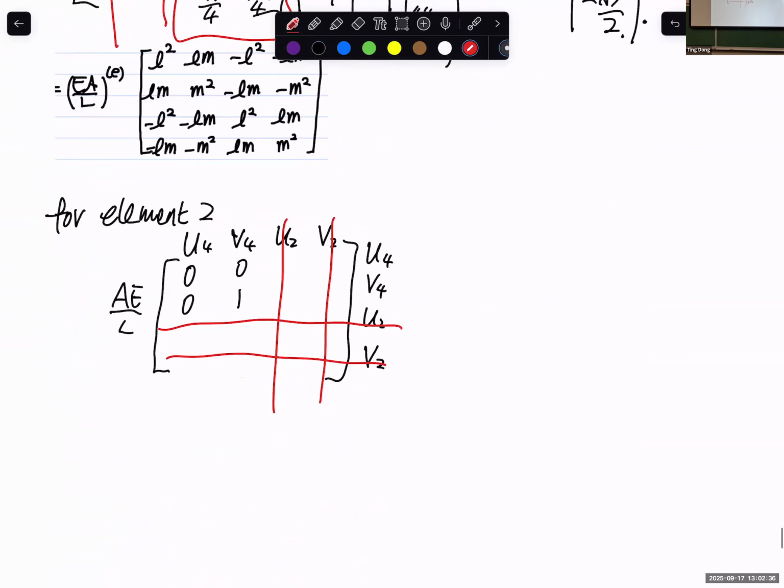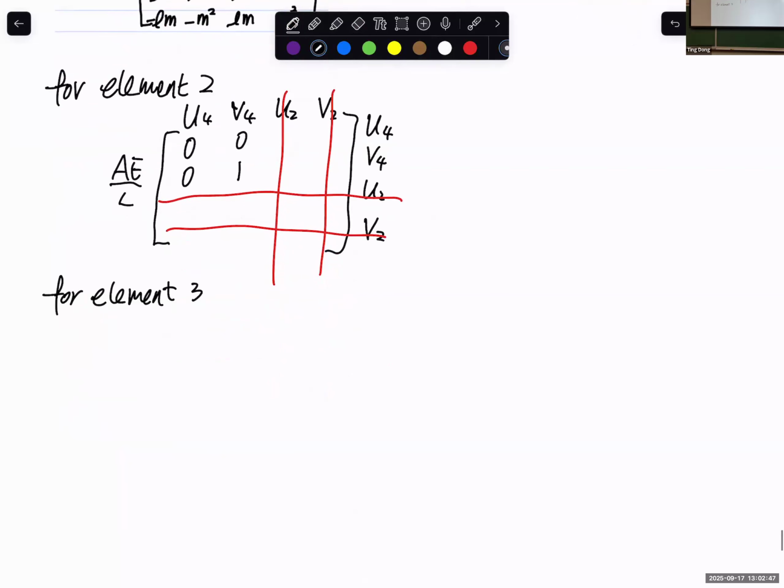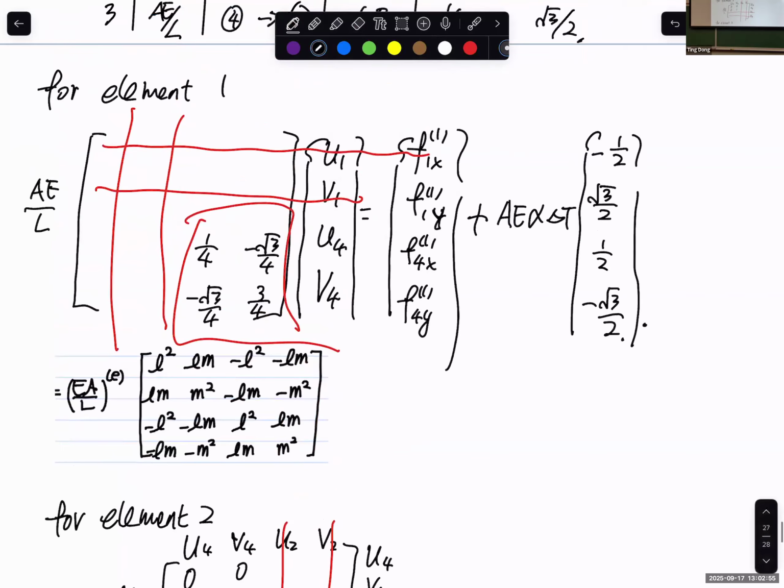And for element 3, very similar. So now we have AE over L. Let's first put the row index and column index here.